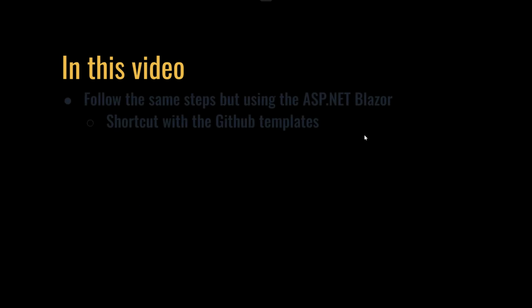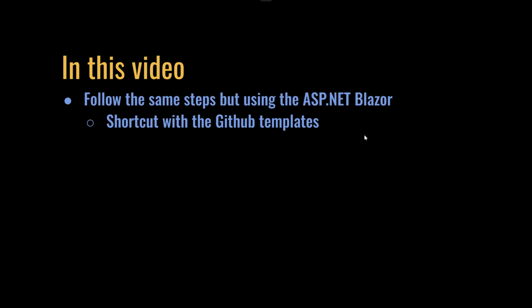So in this video, much like the previous videos, we're going to walk through the process of setting up an Azure Static Web App for free using a GitHub template and also Azure, and gluing them together through a CI/CD pipeline so that when we make changes to our Blazor application in our local environment using the editor of our choice, we can push the changes up into GitHub.